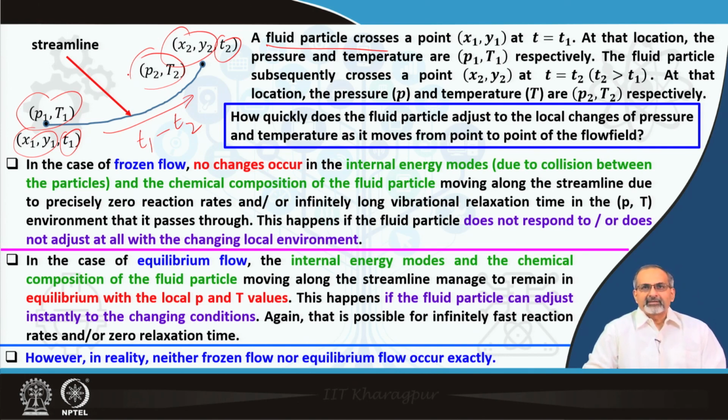Now, as this locational change happens, the important question to ask is how quickly does the fluid particle adjust itself to the local changes of pressure and temperature as it moves from point to point of the flow field.